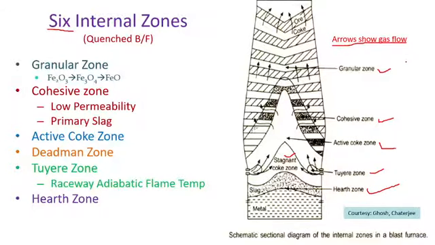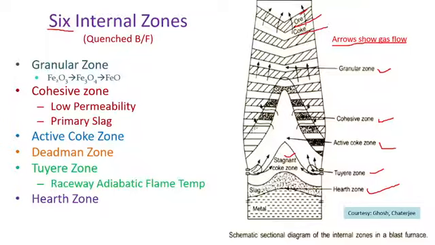First of all we will discuss the granular zone. Right at the top of the blast furnace, the granular zone is found. This zone contains solid coke, iron bearing materials along with small quantities of limestone or other fluxes. We can see alternating layers of iron ore and coke in the granular zone.